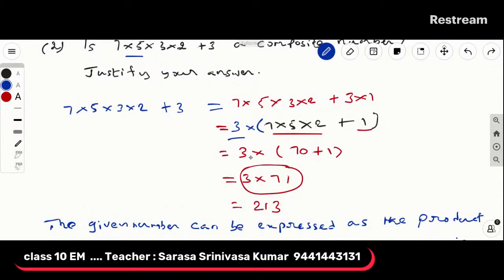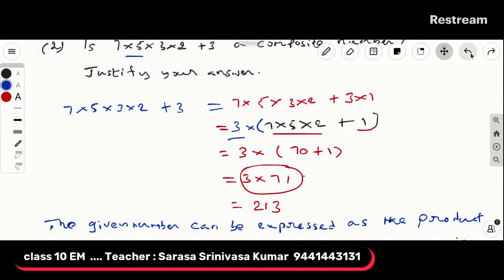This is how we get 3 multiplied by 70 plus 1, which is equal to 3 multiplied by 71. Hence, the given number is expressed as the product of two prime numbers, and it is equal to 213.